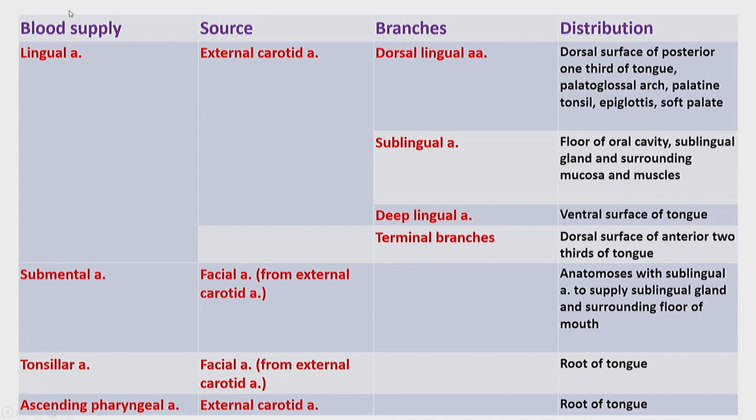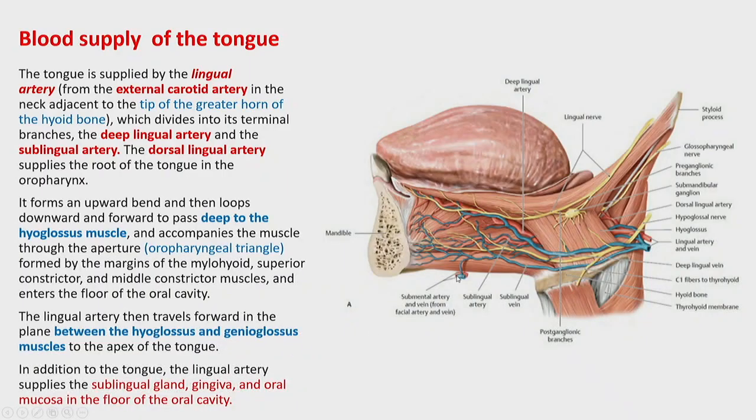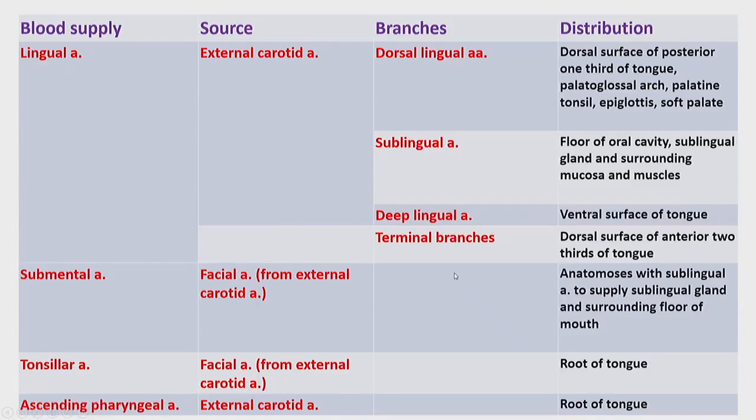So except for this lingual artery, we have other arteries. One of them I mentioned, the submental artery, that you saw in this picture here. This is also an artery which supplies the tongue, and the origin of this artery is the facial artery, which is itself a branch of the external carotid artery.